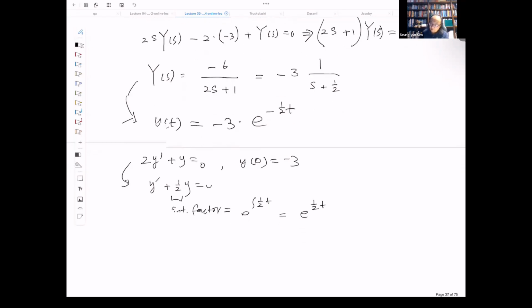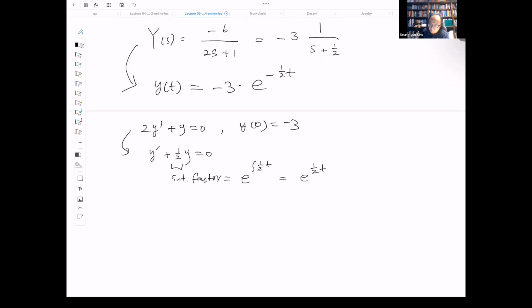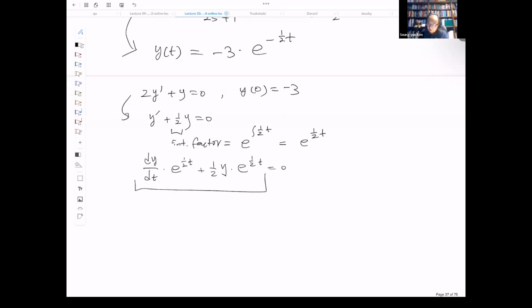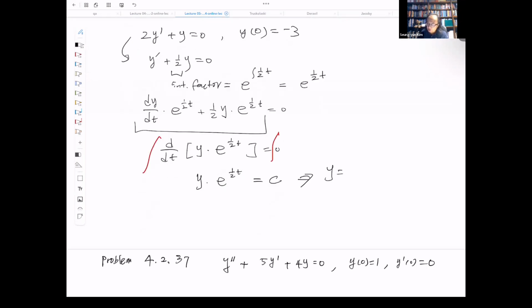You multiply this integrating factor everywhere, and we have dy over dt e to the 1 half t plus 1 over 2 y times e to the 1 over 2 t equals 0. The left hand side is d over dt of y e to the 1 over 2 t equals 0. Take the integral, then we have y times e to the 1 over 2 t equals c. So y equals c e to the negative 1 over 2 t.